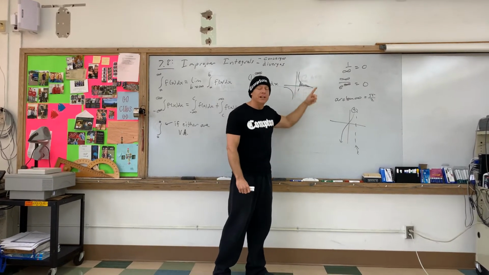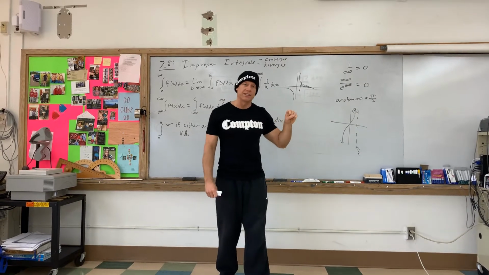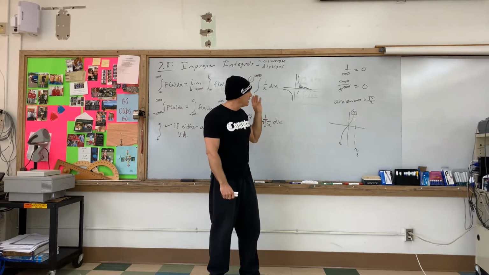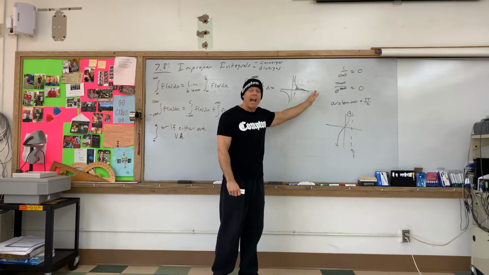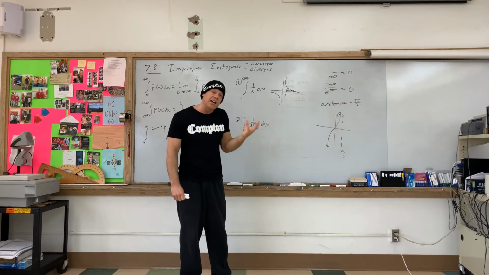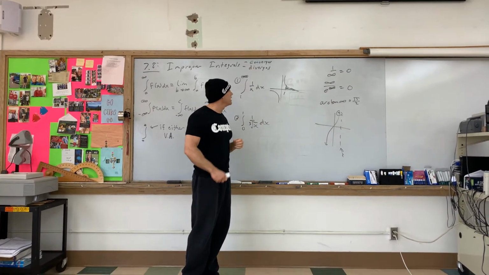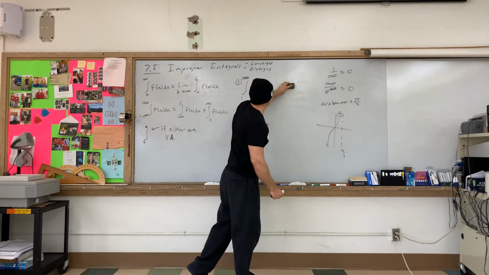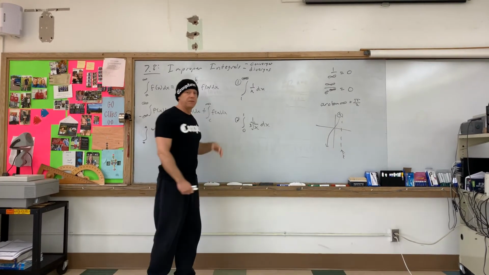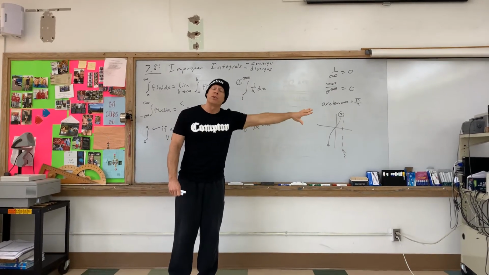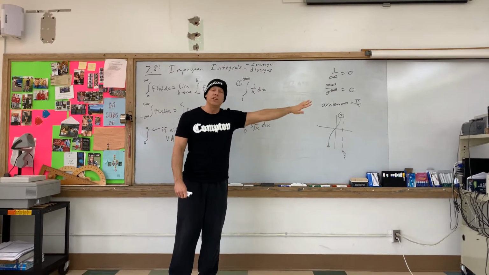But if this curve doesn't get as close to the axis as we want, there's always going to be a little bit of area. And in this case, we can't add it up because we just keep going and going on forever and ever. If it doesn't add up to be a constant, we're going to say it diverges. So in doing these problems, when we change them to limits, if we get an infinity, that means that we can't add it up because it's going to be an infinite number of areas, continually going.